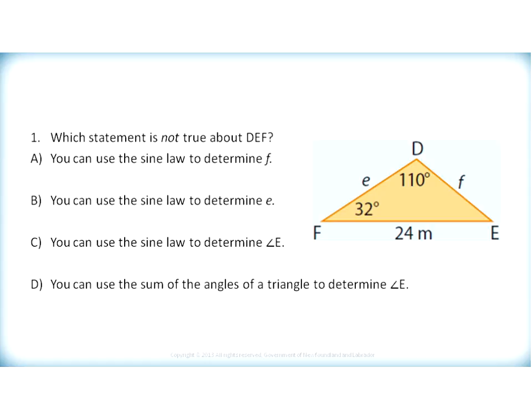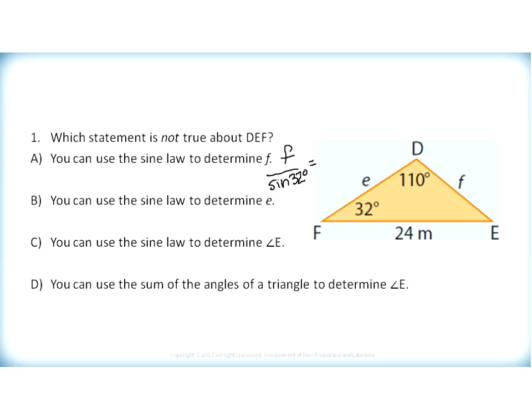Which statement is not true about triangle DEF? Can I use the sine law to determine f? Is that true or not true? Well, if I want to find f, I'm going to use the sine law with the formula f over sine F, which I know to be 32 degrees, is equal to, well, I know all of d.